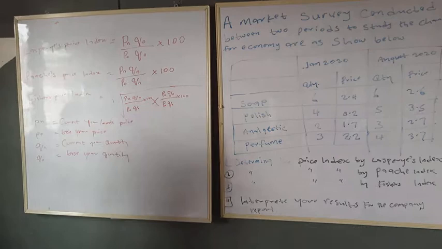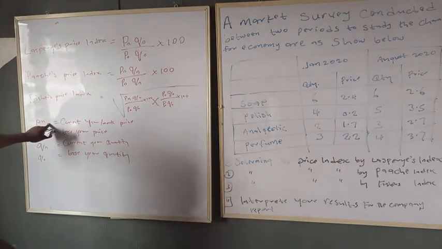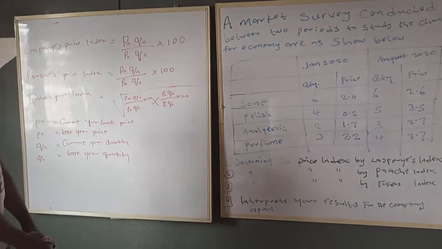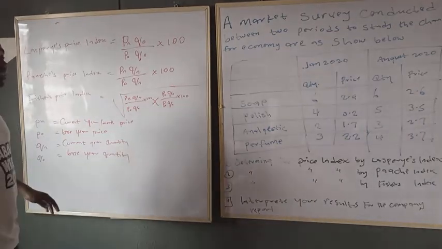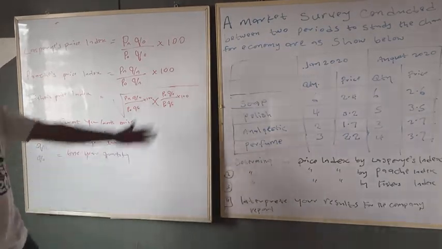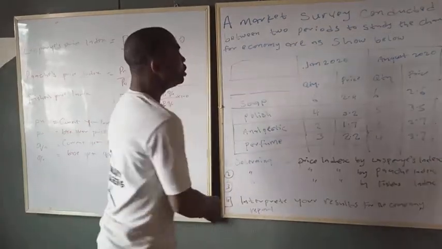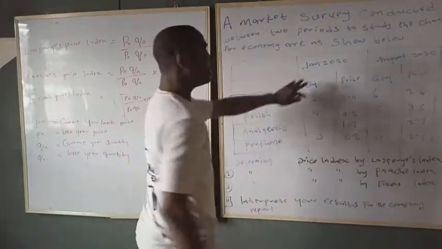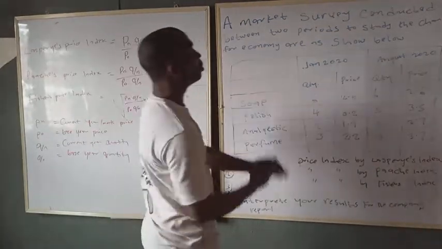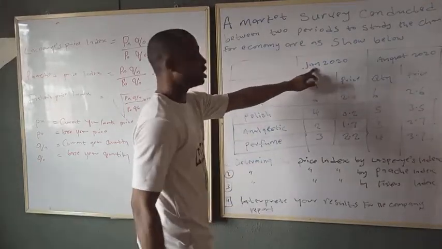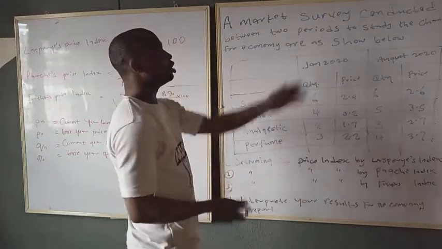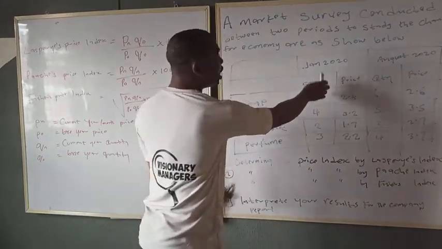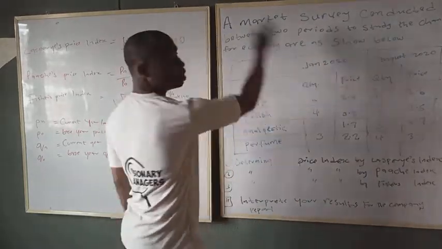So when you see Pn, it means the current year price for the commodity. Then Po is the base year price for that same commodity, because here we have 4 different commodities. They didn't say this is Pn, but when you see January 2020 and August, January comes before August. So everything about January is base.